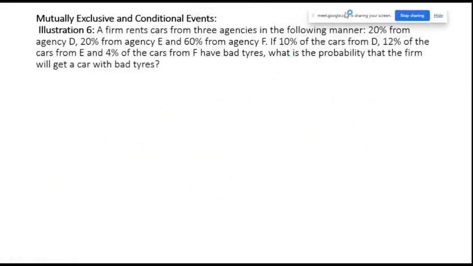Now in this problem, what happens? You see, we have mutually exclusive and conditional events. So here a conditional event is there, but there is a mutually exclusive part also. This is more practical. Suppose you are running a transport firm, and for that you are hiring vehicles from some agencies.